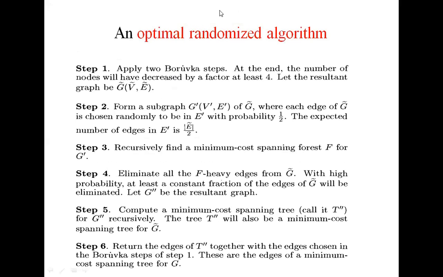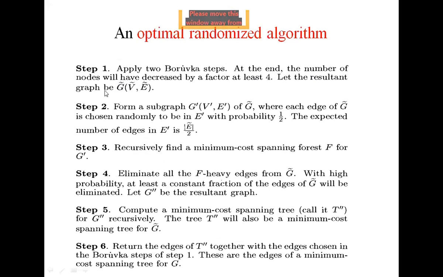So, an optimal randomized algorithm. See, apply two Borůvka steps at the end. The number of nodes will have decreased by a factor of at least 4.